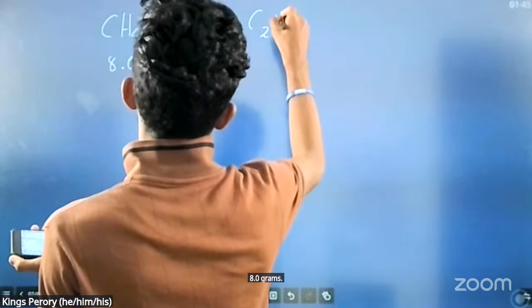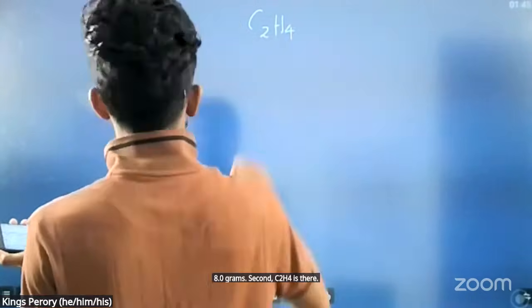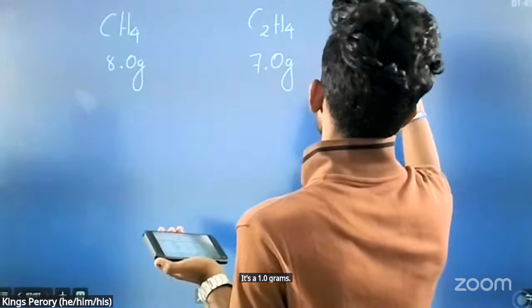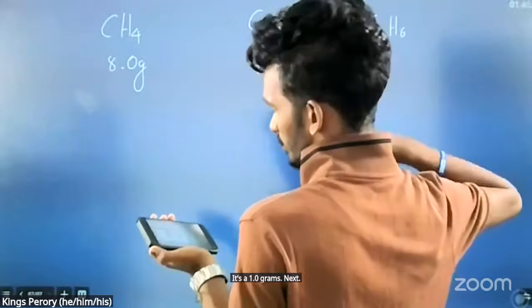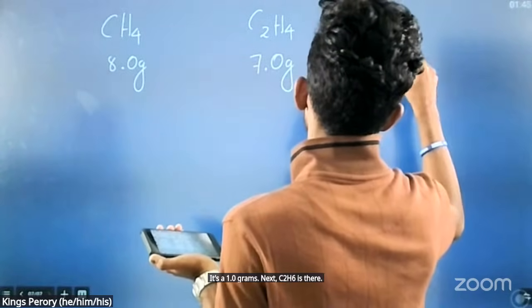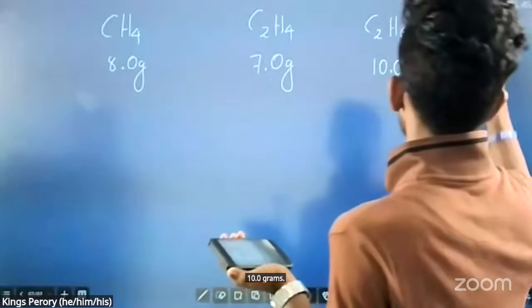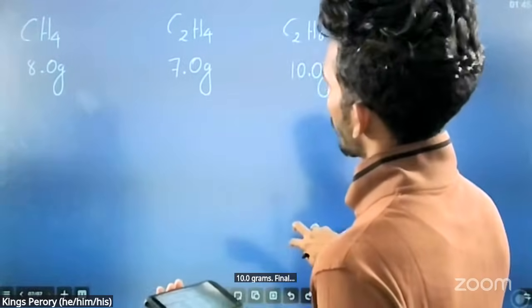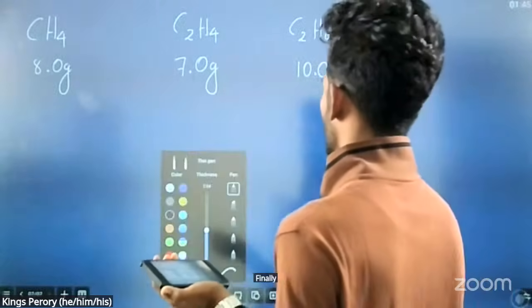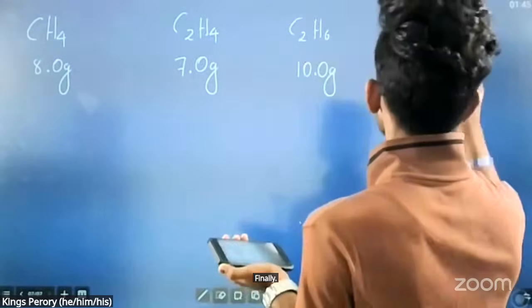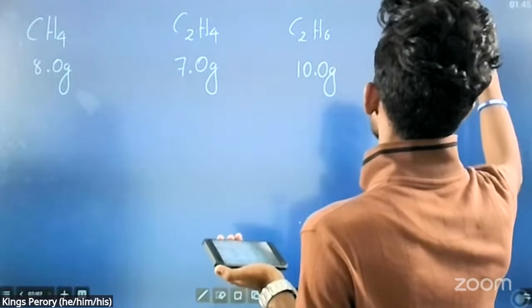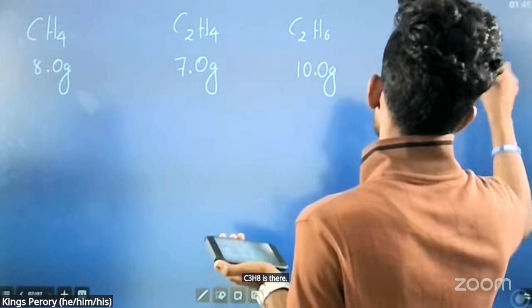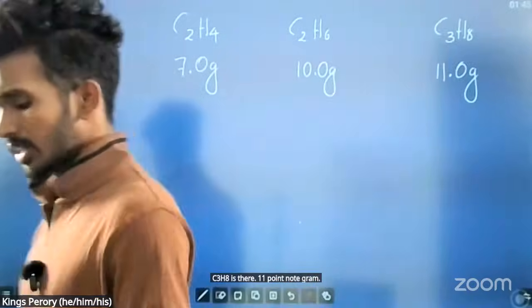Second, C2H4 is there, 7.0 grams. Next, C2H6 is there, 10.0 grams. Finally, C3H8 is there, 11.0 grams.